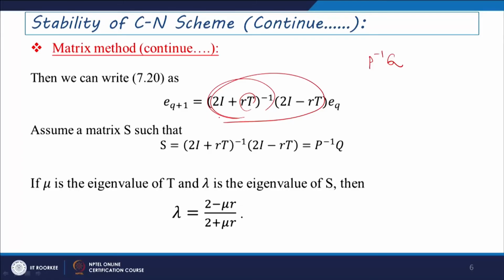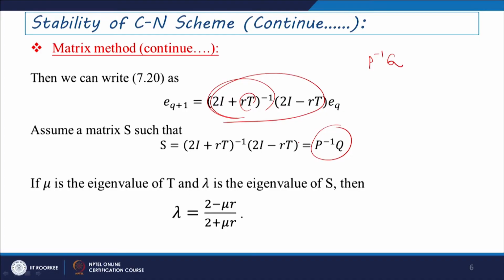To do this, assume that S is a matrix defined as (2I plus RT) whole inverse into (2I minus RT), which is nothing but P inverse Q here. So we can obtain these eigenvalues if we write it in determinant form.